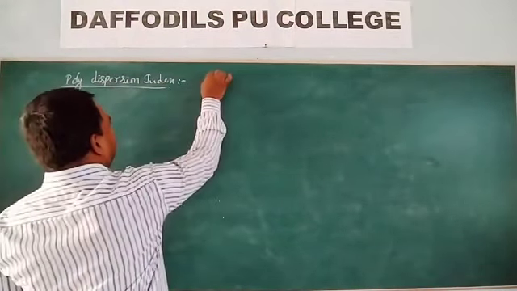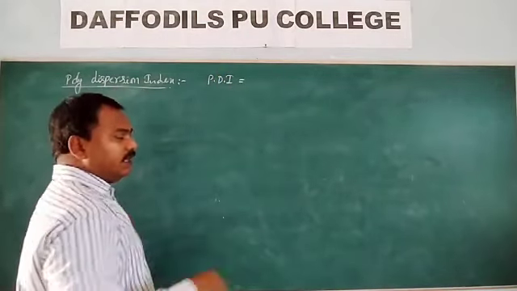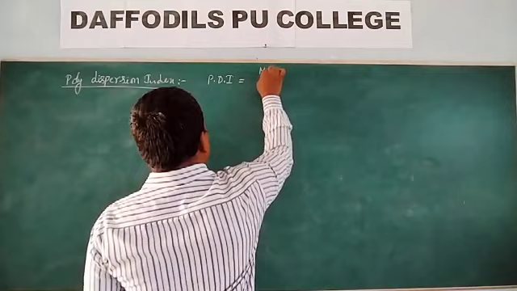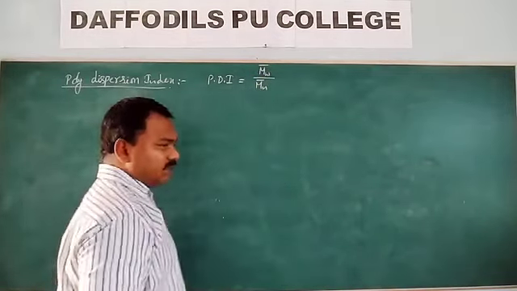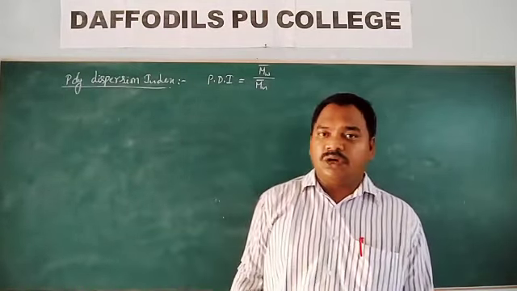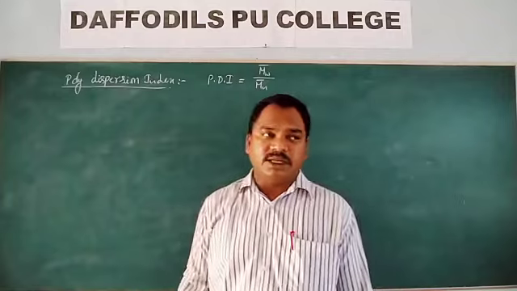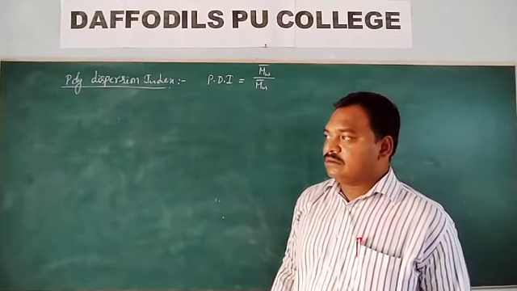Simply we can write this as PDI index. The PDI index is the ratio of the weight average molecular weight to the number average molecular weight.